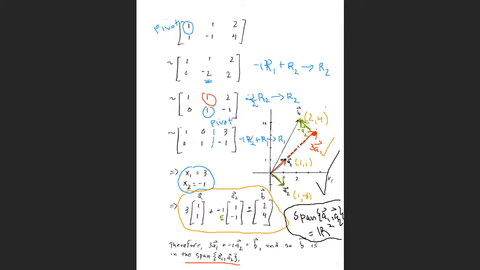Because any linear combination of the vectors a1 and a2 would give you a vector in R2, and any vector in R2 can be written as a linear combination of those two vectors. So, all right, are there any questions on that?